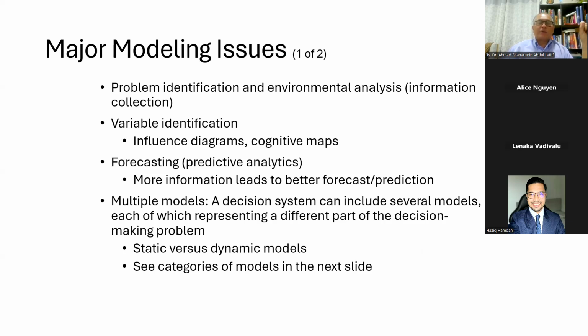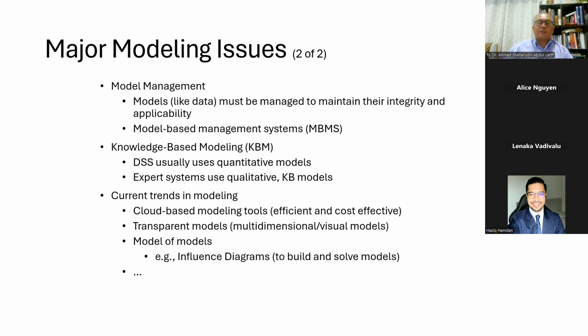We have influence diagrams and so on, and then you will do forecasting. And then there can be multiple models. This decision can include multiple models. It can be a static model, it can be a dynamic model. We will look into categories of models later.